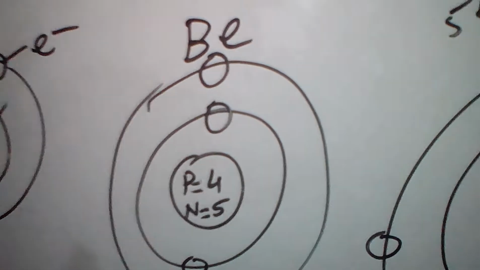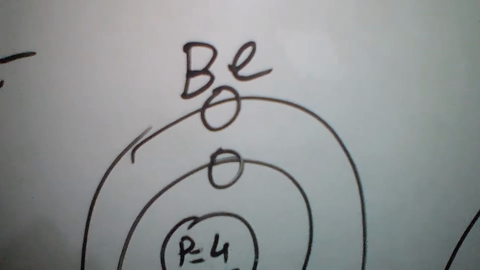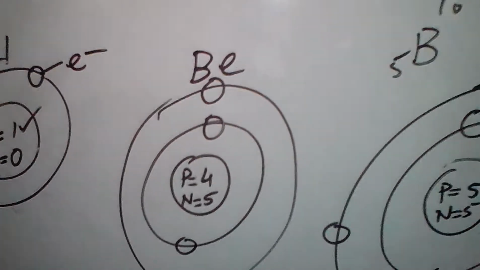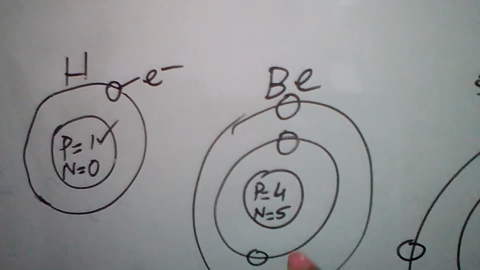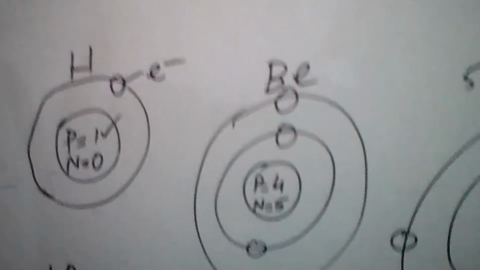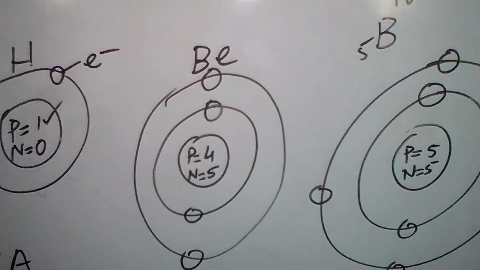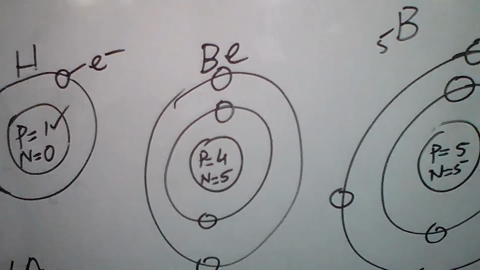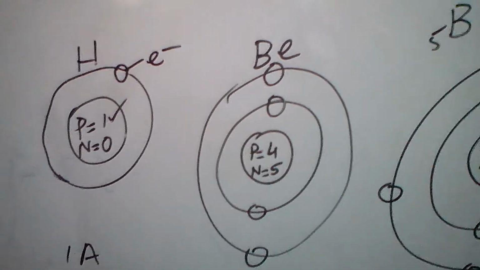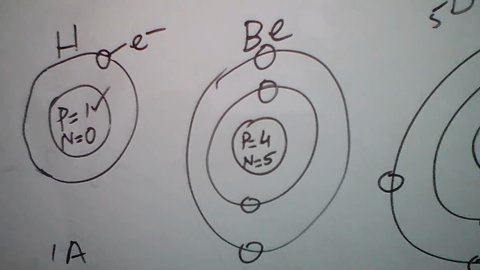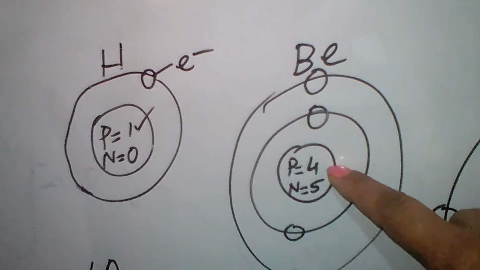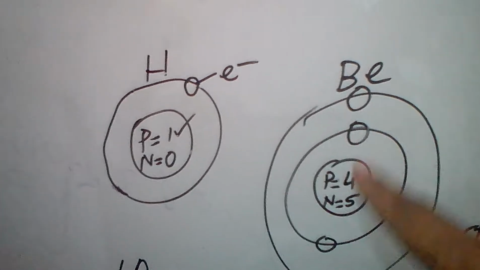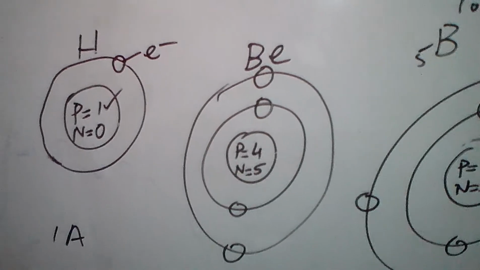The first shell has 2 electrons and the second shell has also 2 electrons, making 4. The number of electrons is always equal to the number of protons.